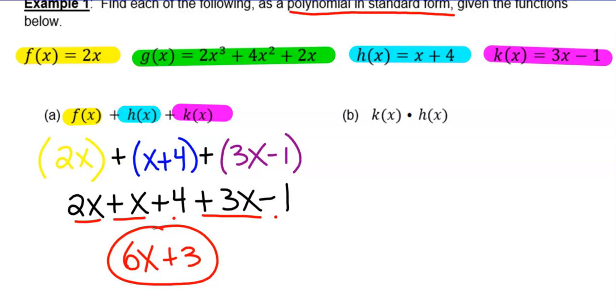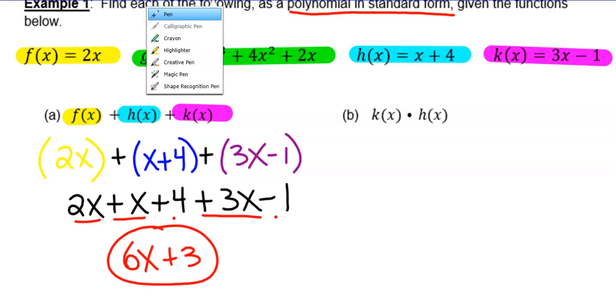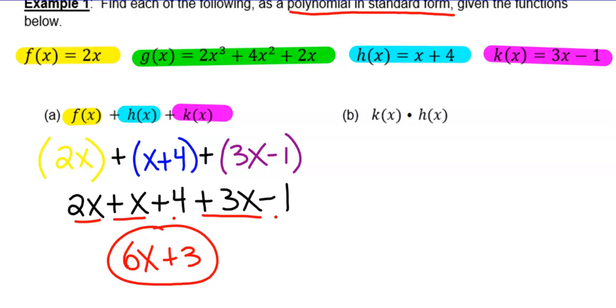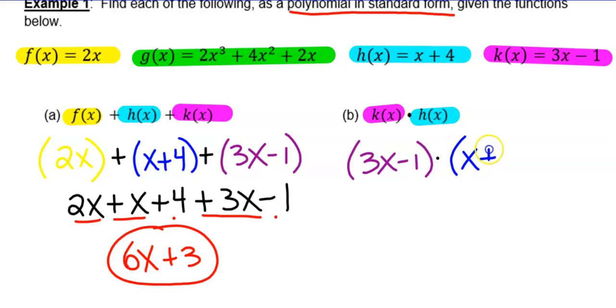B, k of x times h of x. So k of x is my pink, times h of x, my blue. Okay, so k of x is 3x minus 1 and h of x is x plus 4.